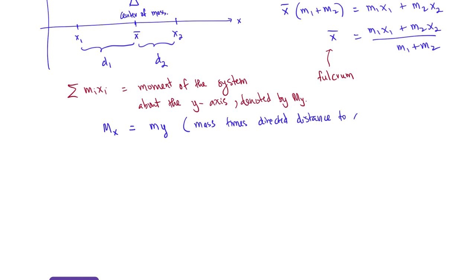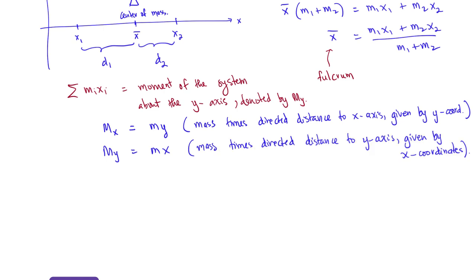And so we're using the y-coordinate to find the moment about the x-axis. My is what we computed earlier, the mass times the directed distance to the y-axis given by the x-coordinate. Mx and My are called the moments.